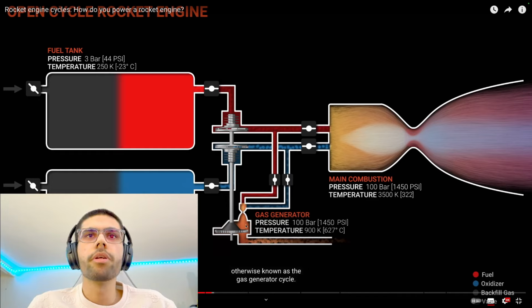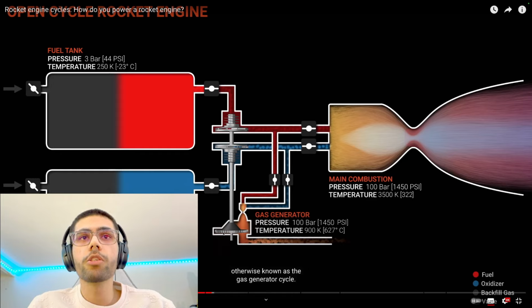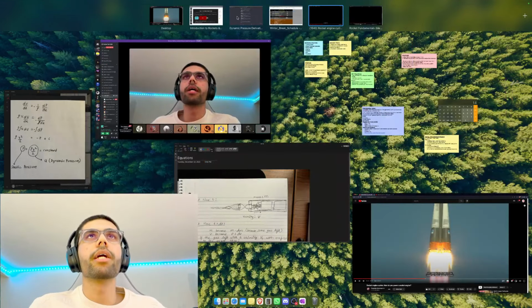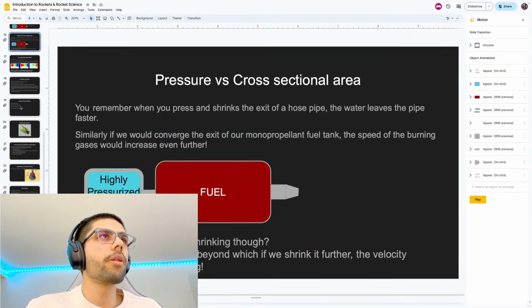With the help of a small combustion here, it's generating high velocity gases over here, which spins this turbine, and this turbine in turn spins these pumps. So this is a turbo pump, and you let these gases exit from here. This is called an open cycle or gas generator cycle rocket engine.